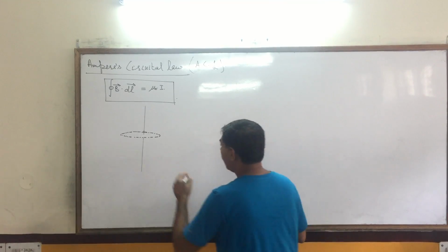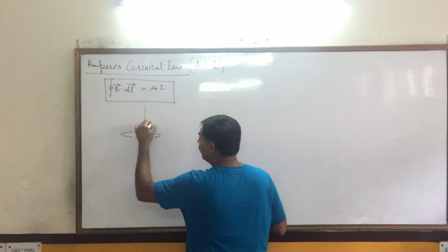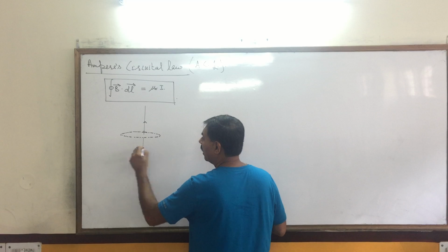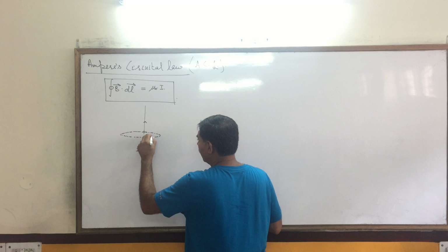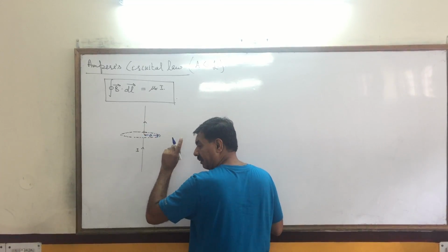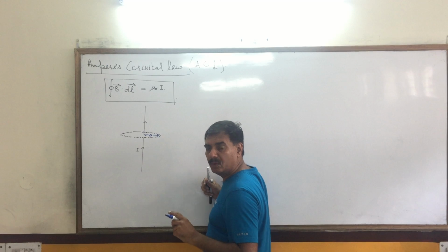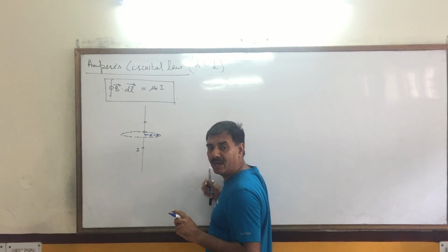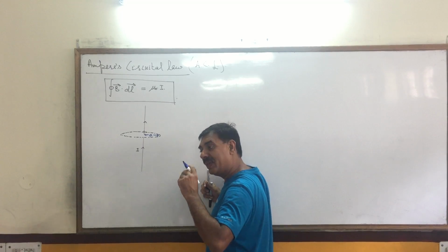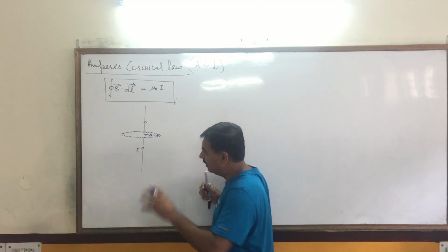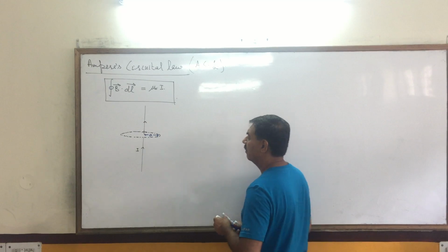So current threading the closed path of radius A is how much? I. And this is the closed path of radius A. I have taken a symmetrical distribution for which the magnetic field is equal in magnitude and tangential to the closed path at every point.